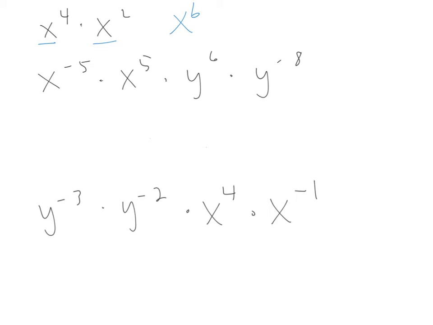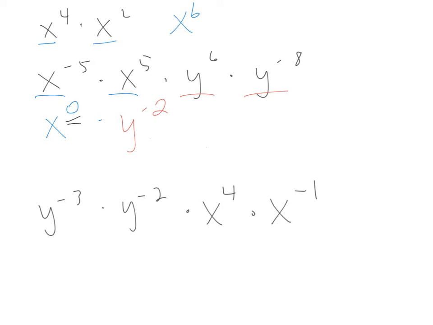Now here we have x to the negative fifth times x to the fifth times y to the sixth and y to the negative eighth. So let's work with these x's. Negative 5 plus 5 is 0. Y to the sixth, y to the negative eighth is y to the negative 2.